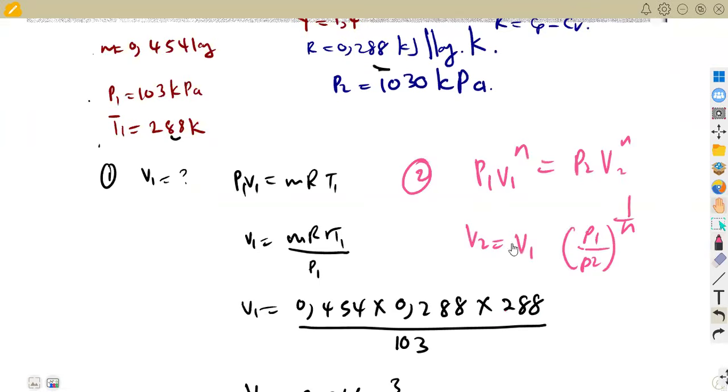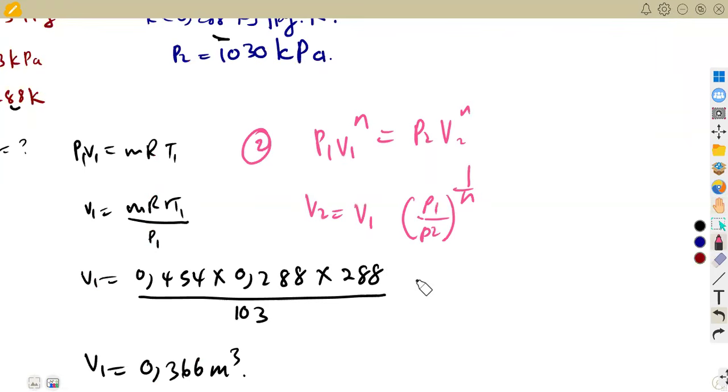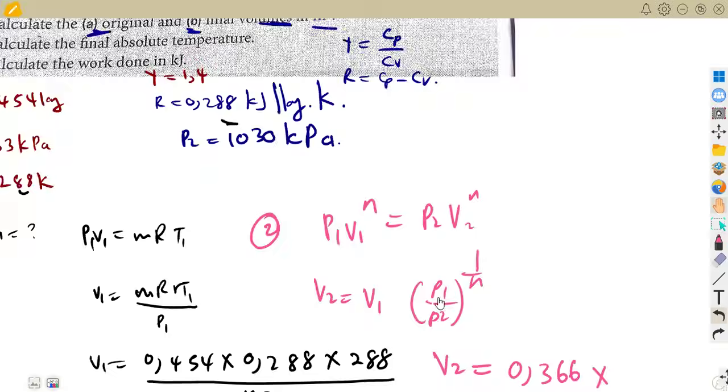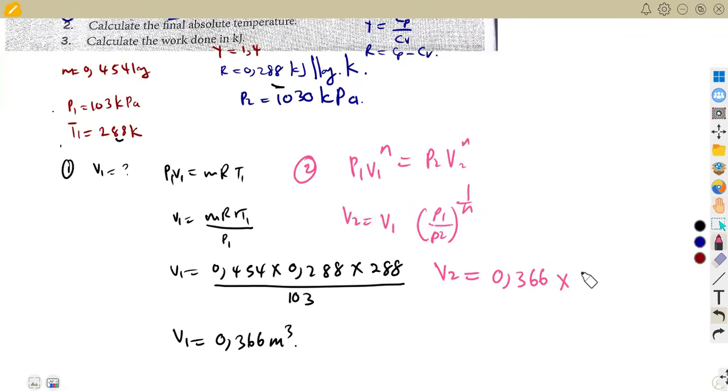So it was just a matter of substituting. V2 is going to be V1, that we calculated, 0.366, times P1 over P2. We have the pressures: P1, 103, over P2, 1030, to the exponent of 1 over n.